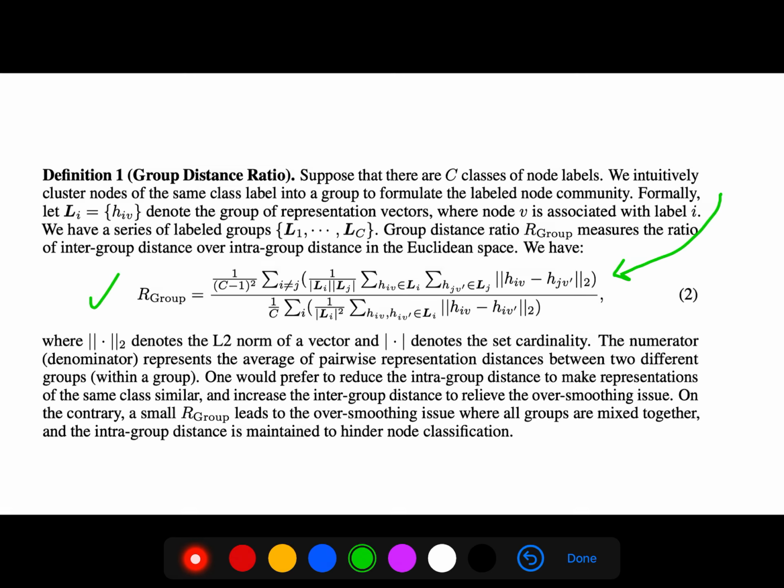So if h_i belongs to L sub i as a labeled group, or h_i and h_i prime belong to L sub i. This measures the ratio of intergroup distance over intragroup distance.